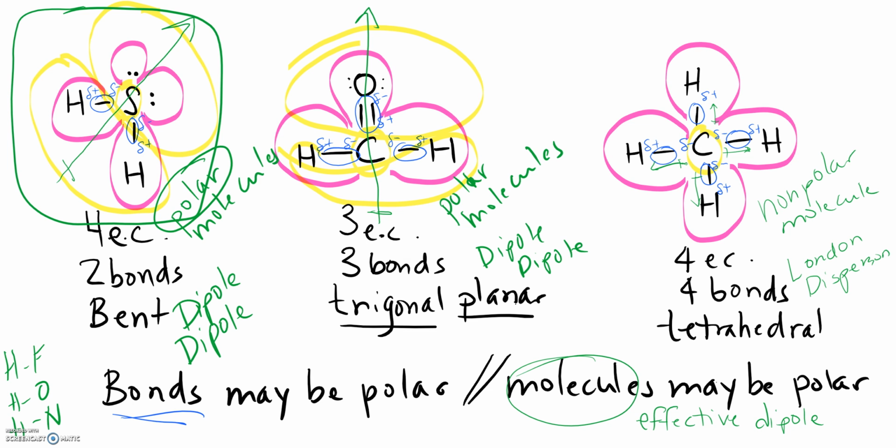So that is a quick and easy way to think of the difference: bonds can be polar, but their molecules may or may not be polar. So we've got polar bonds and a polar molecule, polar bonds and a polar molecule, polar bonds but a non-polar molecule.